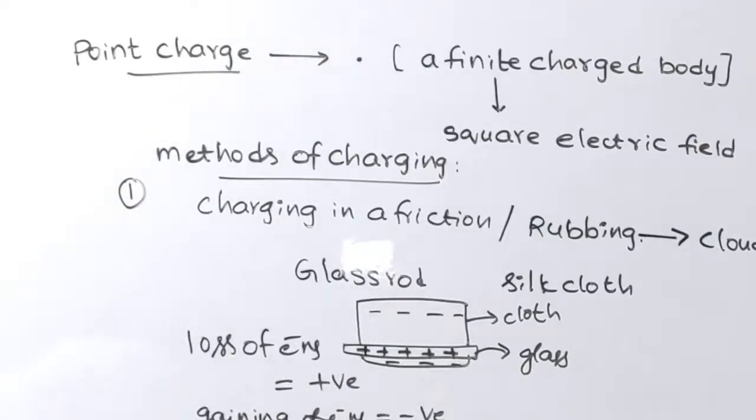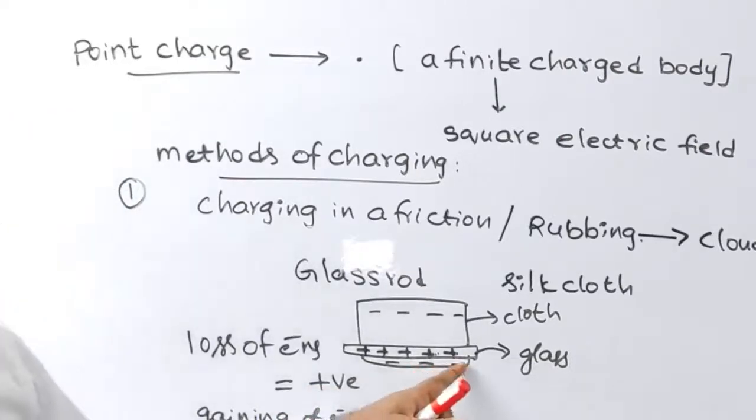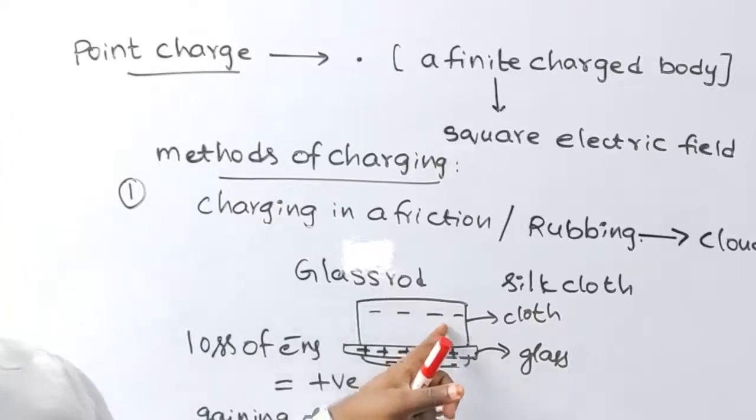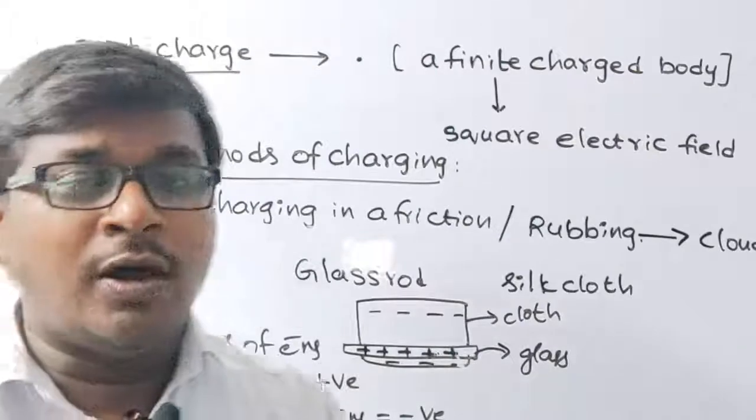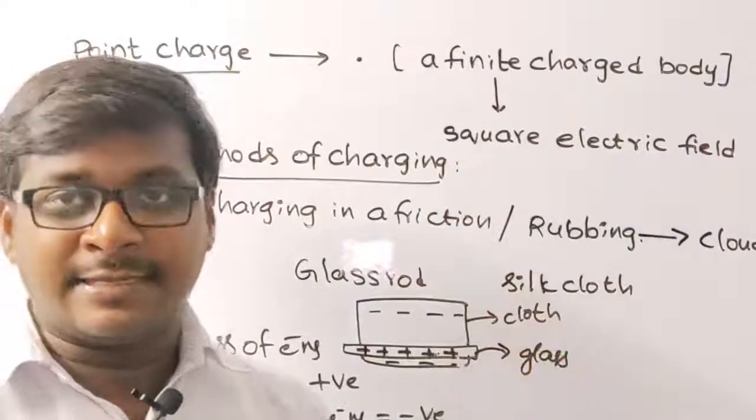For example, when a glass rod is rubbed with silk cloth, the glass rod becomes positively charged because it donates electrons, while the silk cloth becomes negatively charged because it receives electrons. The electricity so obtained by rubbing bodies is called frictional electricity.